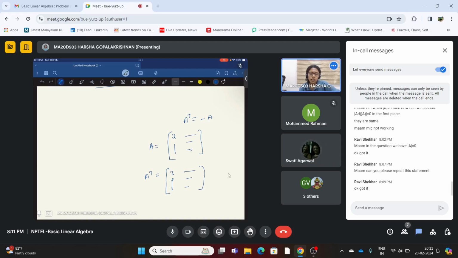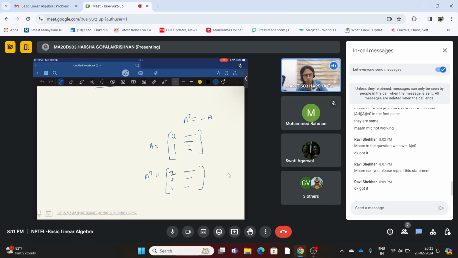No, wait. See, if I take a non-zero element here, this is my matrix A. The first element is 2, a diagonal element. All the remaining elements, we don't know. In A transpose also, the first element will be 2 only.